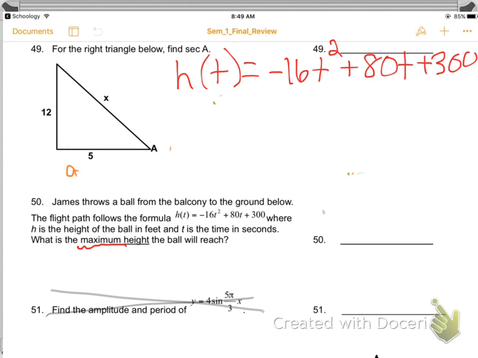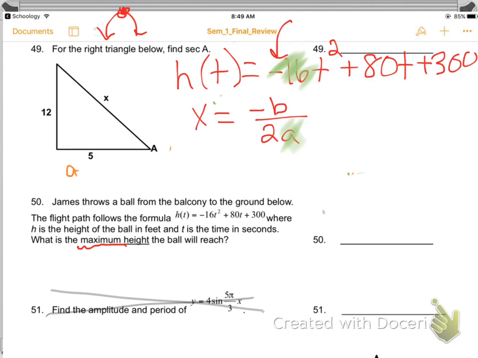Well, the maximum or minimum always occurs at my vertex. Okay, and I can confirm this opens downward because my leading coefficient is negative, which indeed tells me my vertex will be the maximum. The formula for the vertex of a quadratic is the opposite of b over 2a. The a value comes from the number in front of your squared term.